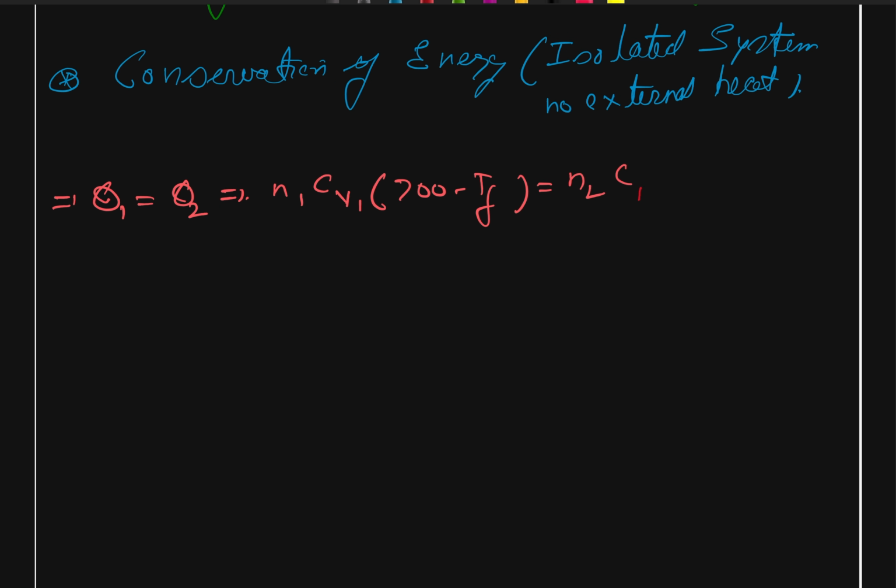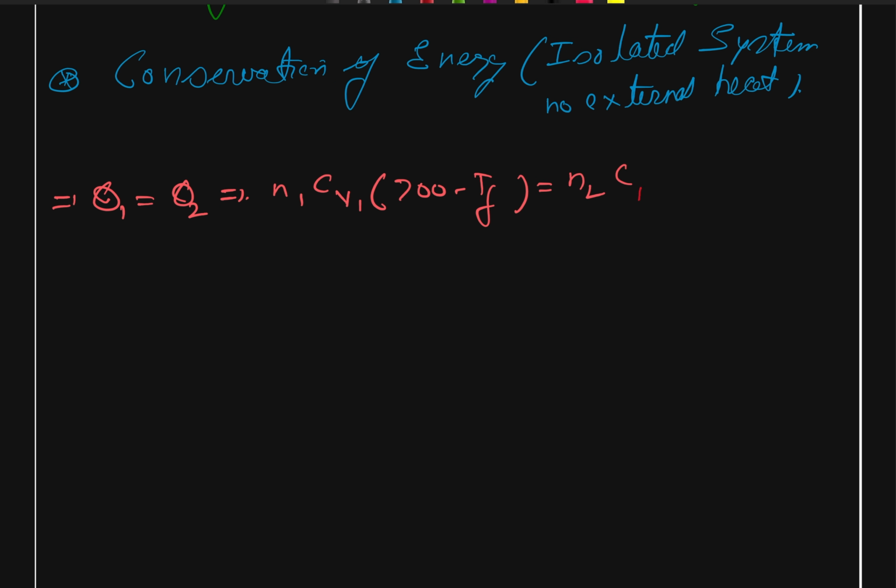We get this as 3/2 times R, and we have our 700 minus TF is equal to 2 times 7 by 2 R times TF minus 400.